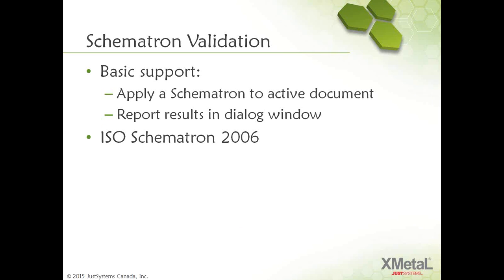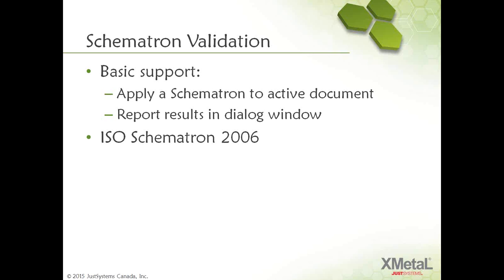Next feature that we're kind of excited about, although it's kind of an introductory level feature at this point, is Schematron validation. We've had a lot of people asking for this over the years, and we're glad that we finally got our toes in the water here. Schematron is a language for performing additional validation external to the normal XML validation that XMetaL can apply.